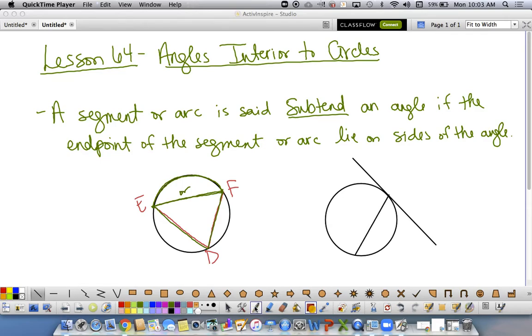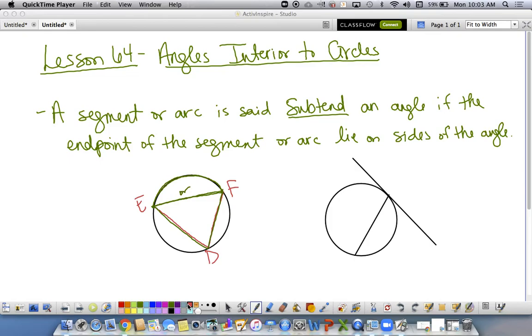But do you still see an angle? Does everybody see an angle here, A, B, C? So that angle, A, B, C, can be subtended by the arc AB.